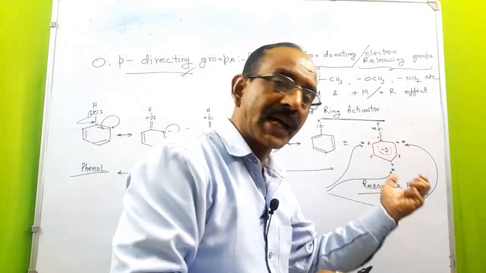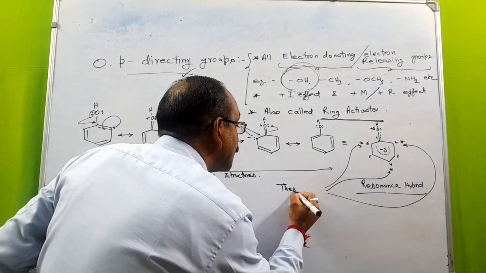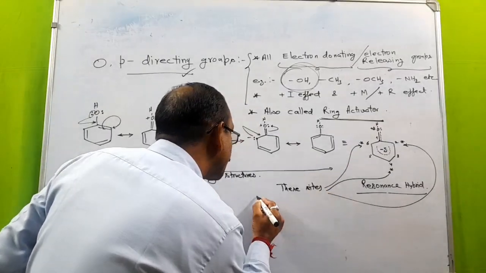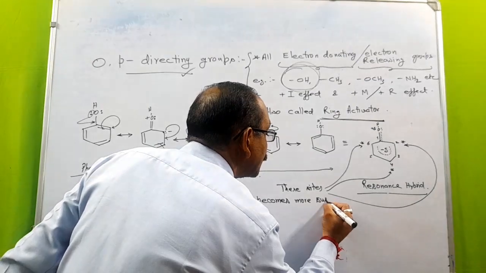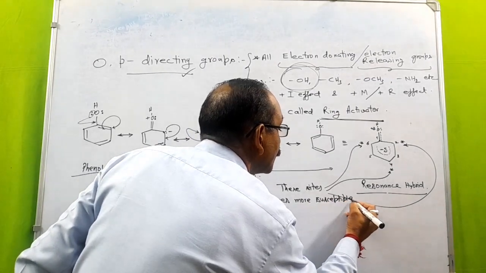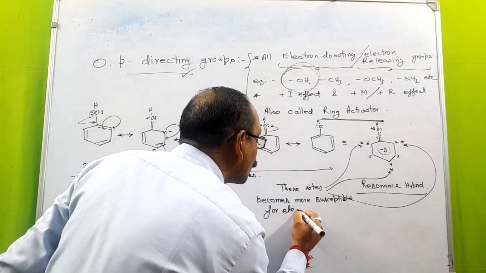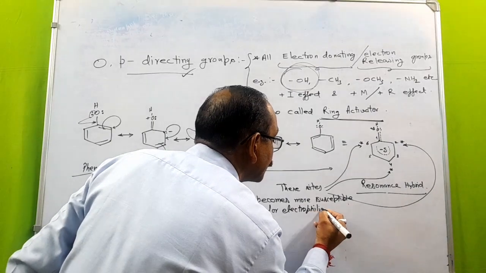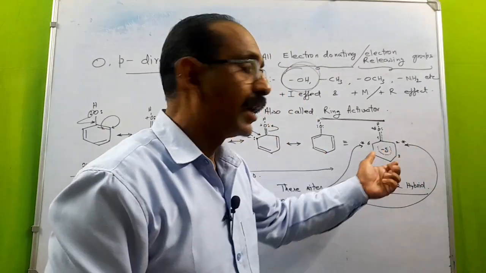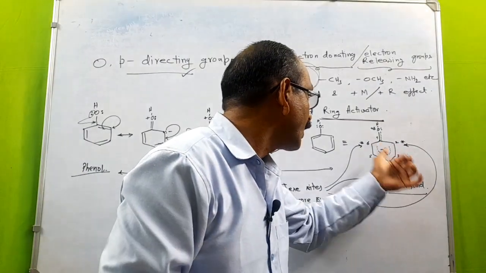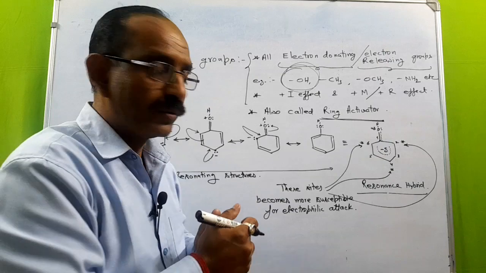So that's why these three sites 2, 4 and 6 become more susceptible to electrophilic attack. Means we may say that the electrophile will attack at position 2, 4 and 6, while we are forming the di-substituted product from the mono substituted product.